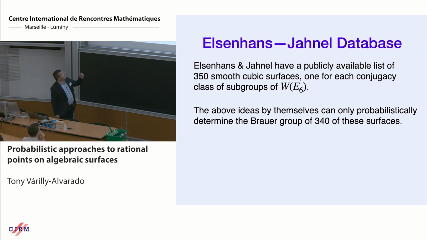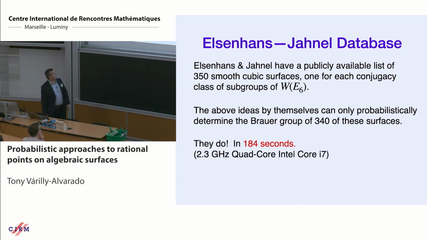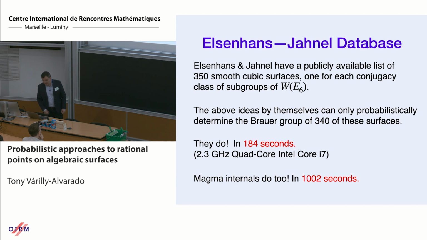And remember that out of these 350, you're only going to be able to tell what the Brauer group is for 340 of them. And you do this, and it works. For the entire database, it takes 184 seconds on my laptop. If I use the Magma internals, it takes 1,002 seconds.